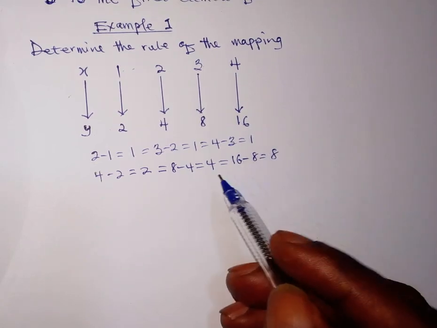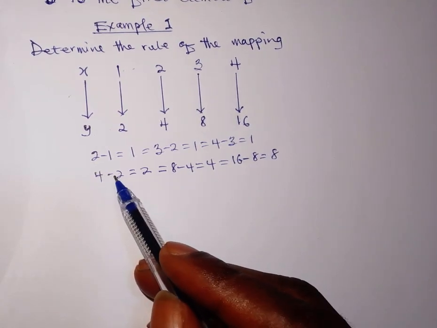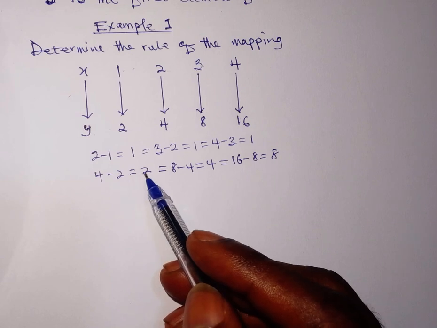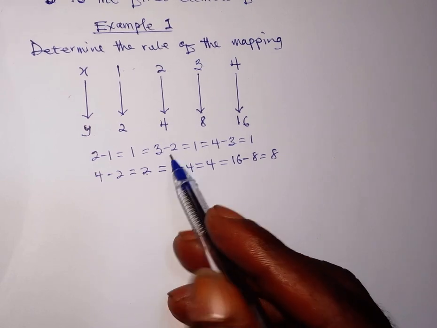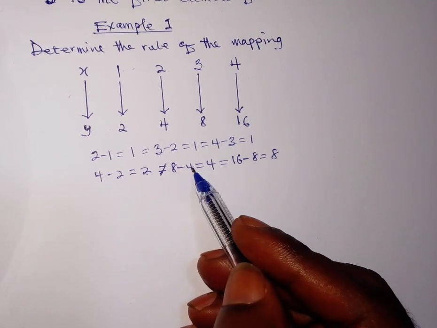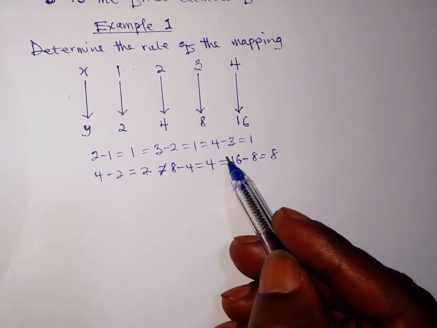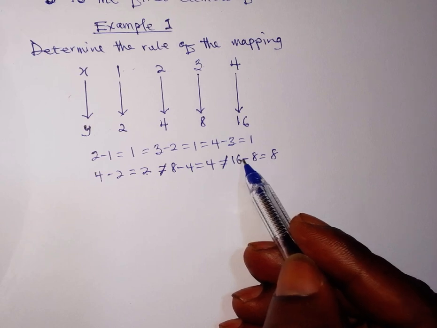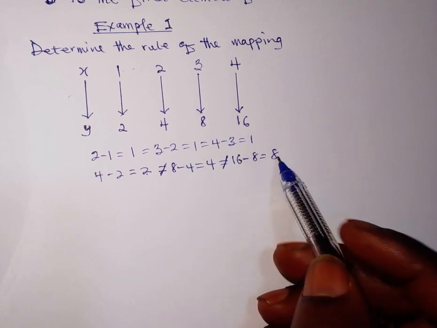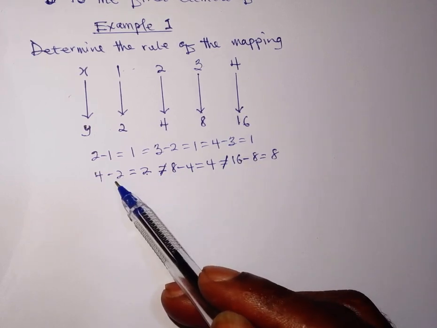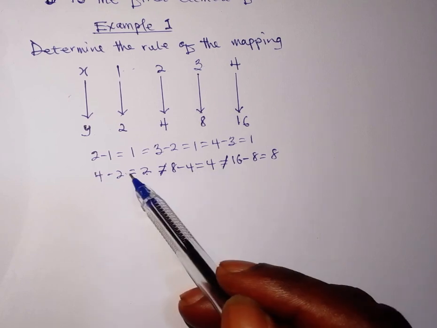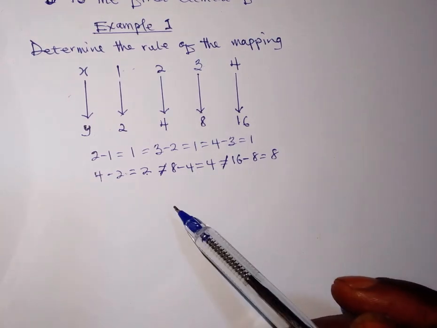So you realize that when we subtracted 2 from 4, we got 2, which is not the same as when you subtract 4 from 8, and also not the same as when you subtract 8 from 16. So you realize that the codomain doesn't have a common difference.